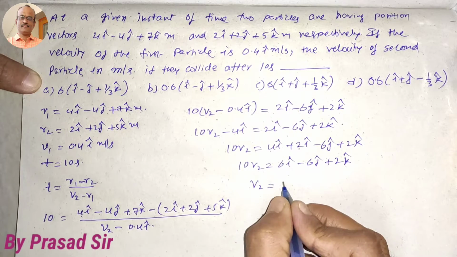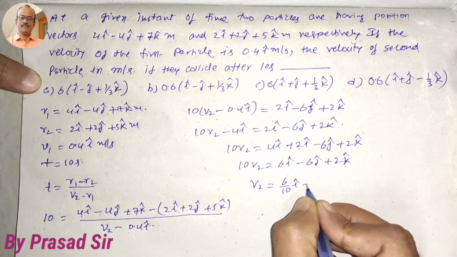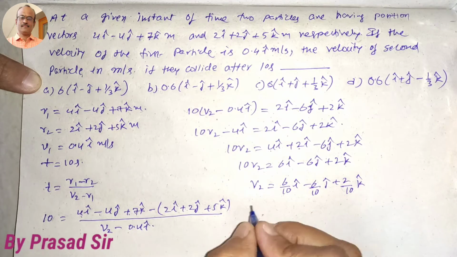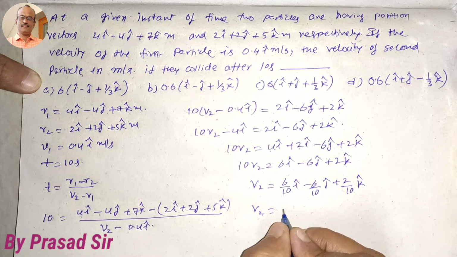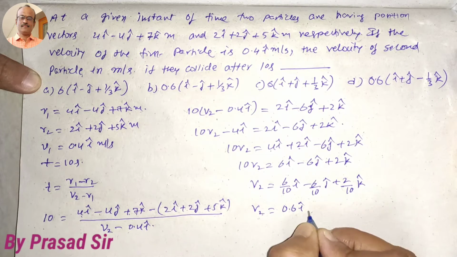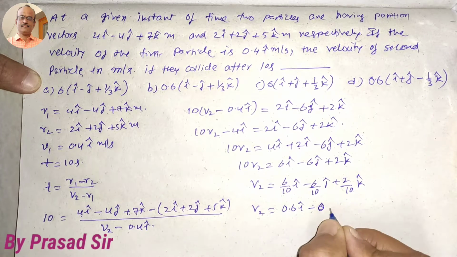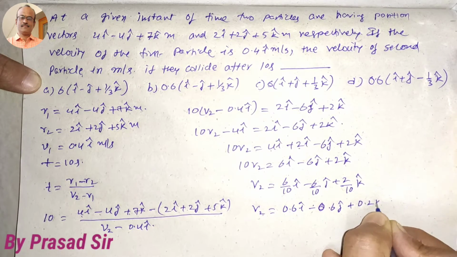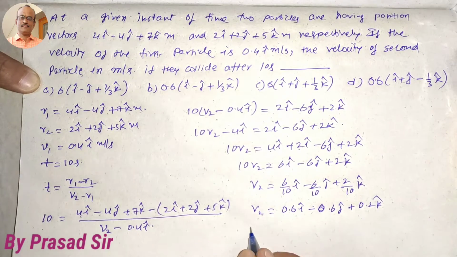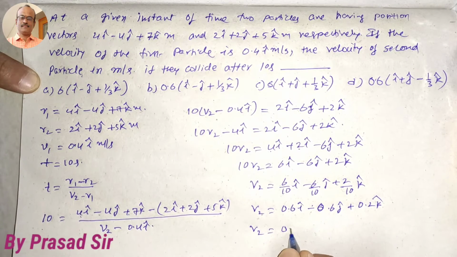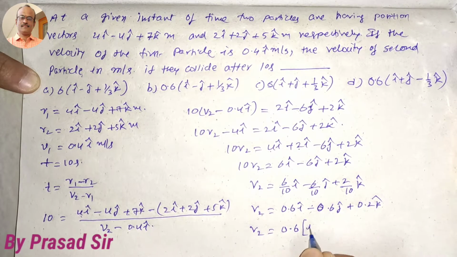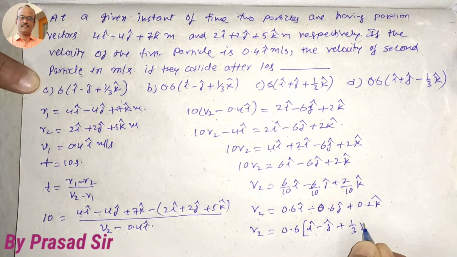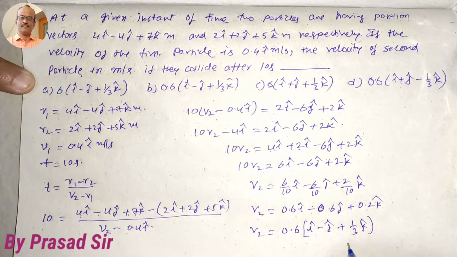So v2 is equal to 6 by 10 i cap, minus 6 by 10 j cap plus 2 by 10 k cap. So v2 is equal to 0.6 i cap minus 0.6 j cap plus 0.2 k cap. This can be written as v2 equals 0.6 times (i cap minus j cap plus 1 by 3 k cap).